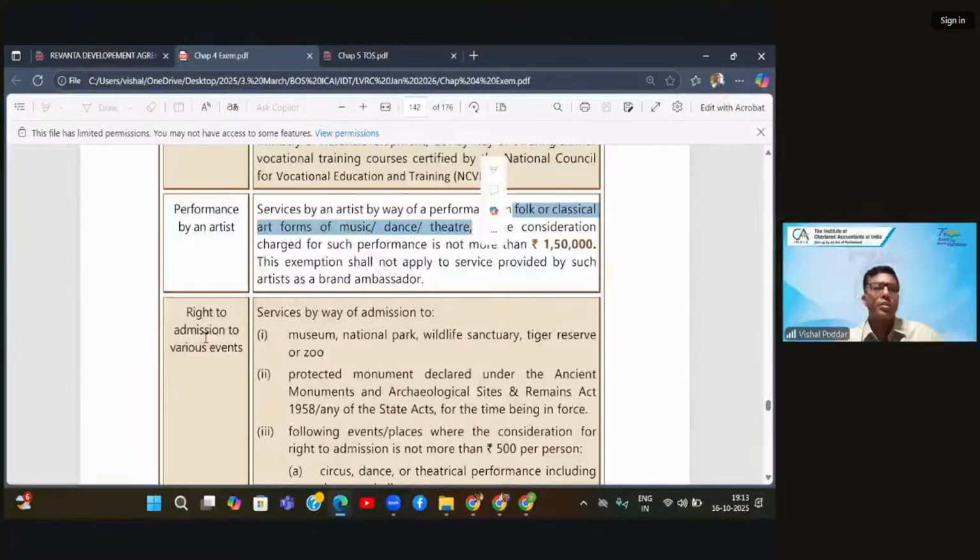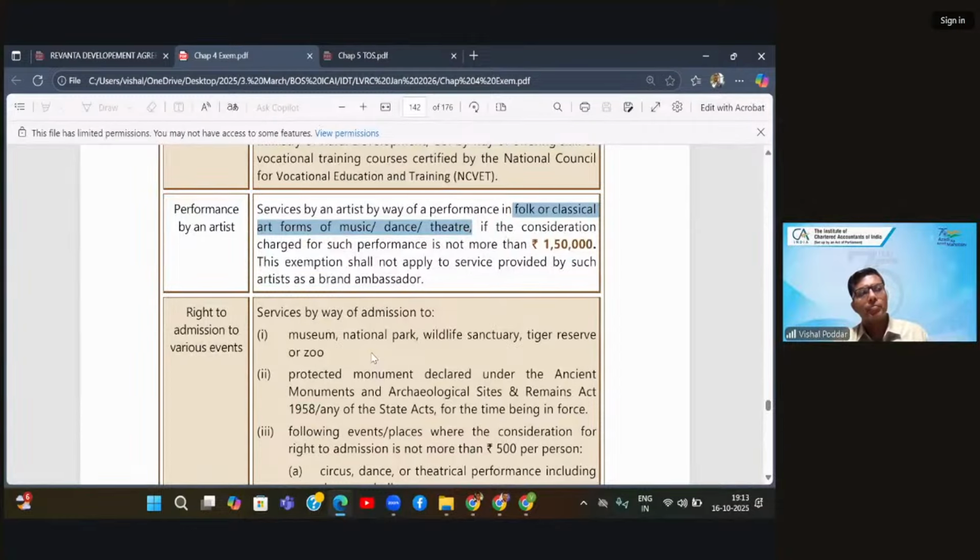So all these renowned singers, when they are performing or they are having these live shows, they are all taxable because they are not performing it in folk or classical art forms. They are doing it in some Bollywood or some Hollywood forms. That is what is fully taxable.